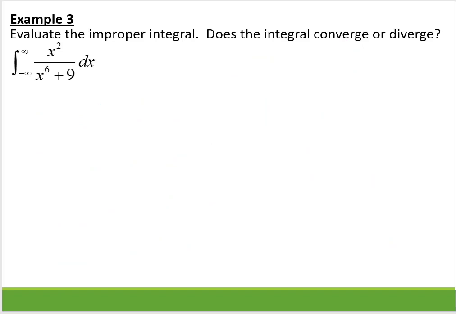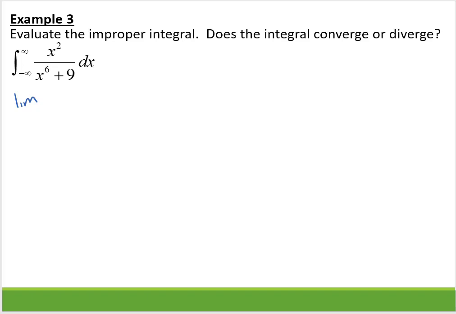Okay, now this guy, this one's a beast. This one's beastly for a couple different reasons. The integration is a whole lot of fun, and I have negative infinity to infinity. So we need to come up with a couple values here.